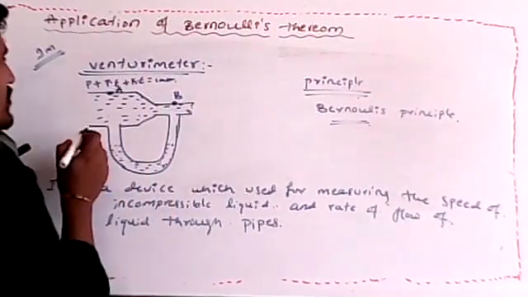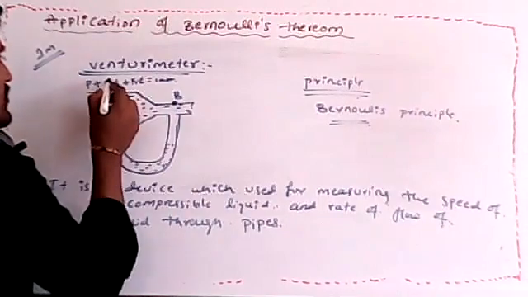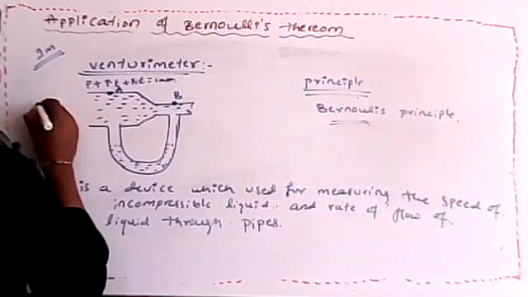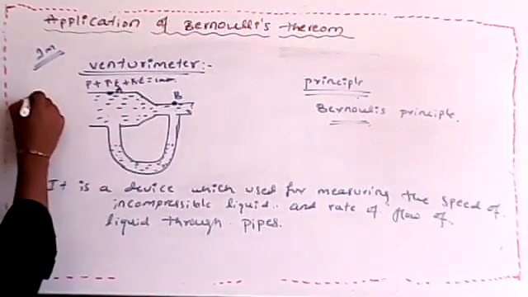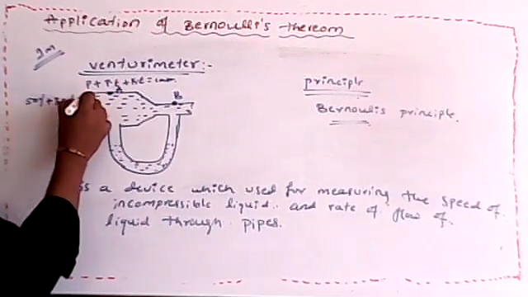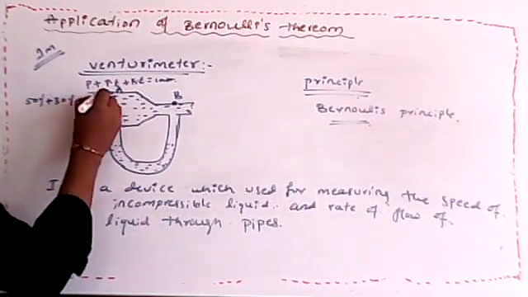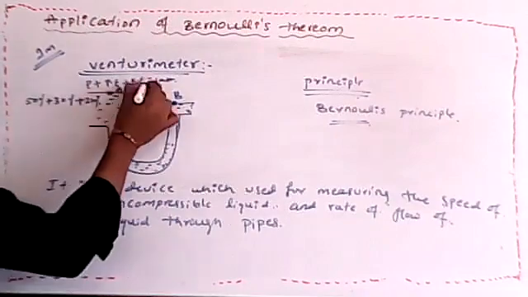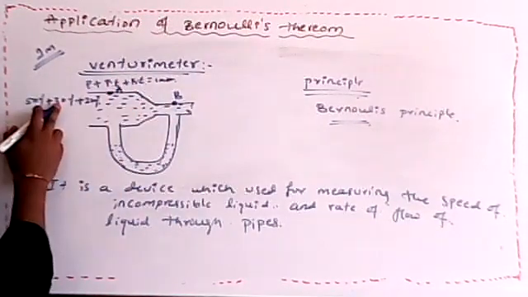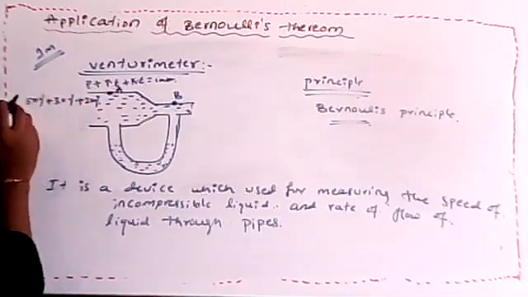In that condition, the pressure energy, potential energy, and kinetic energy will be distributed. For example, pressure energy will be 50%, potential energy 30%, and kinetic energy 20%.